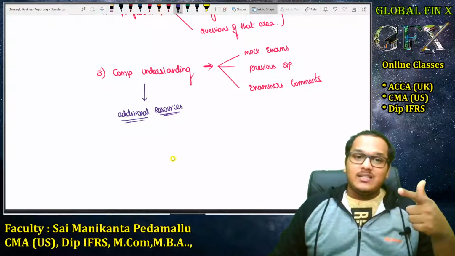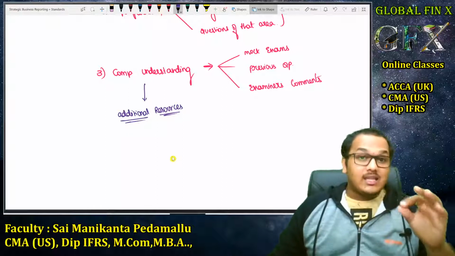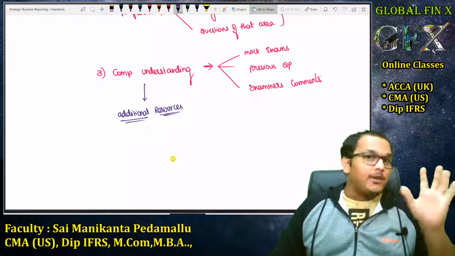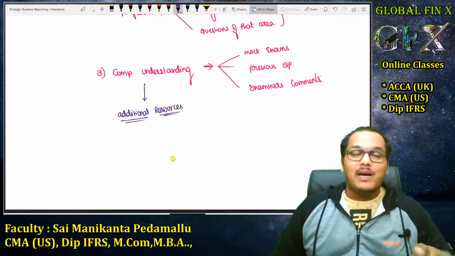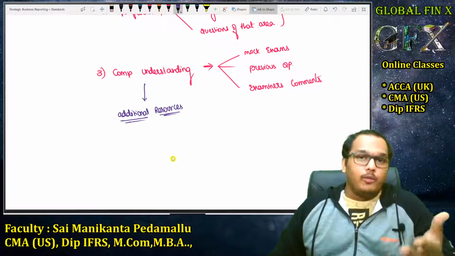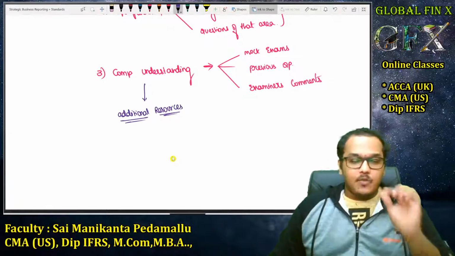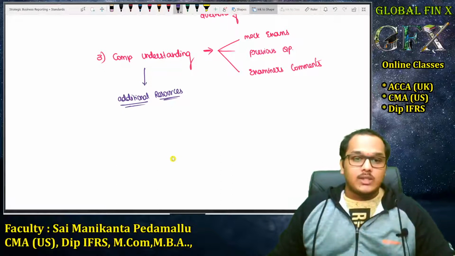Conceptual clarity plus additional resources. Yes, there are high probabilities that you will pass the exam. Doesn't mean that you will definitely pass. You need to prepare to be foolproof, but yes, there are chances. So what are the additional resources that you need to refer to?